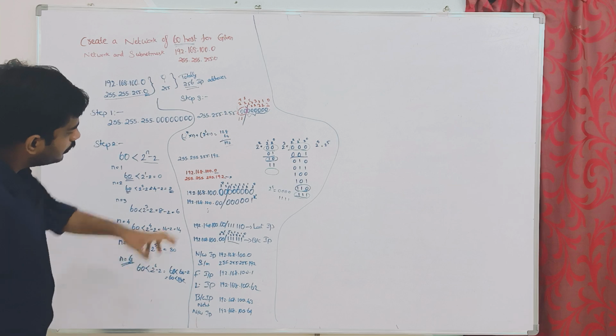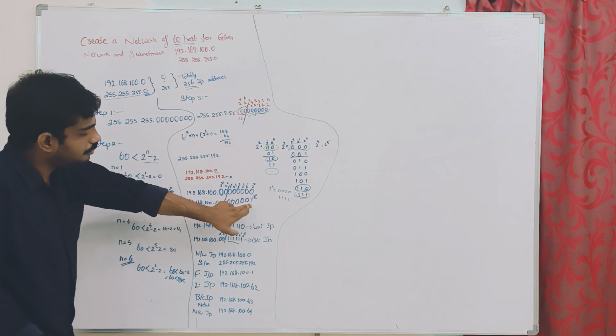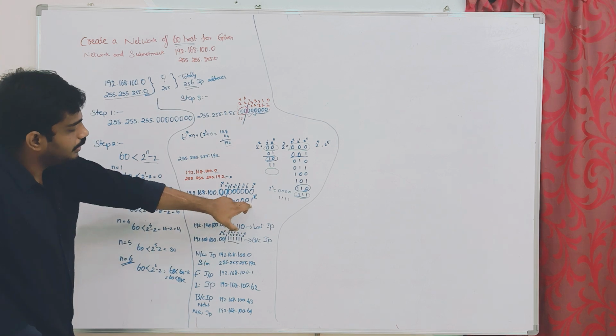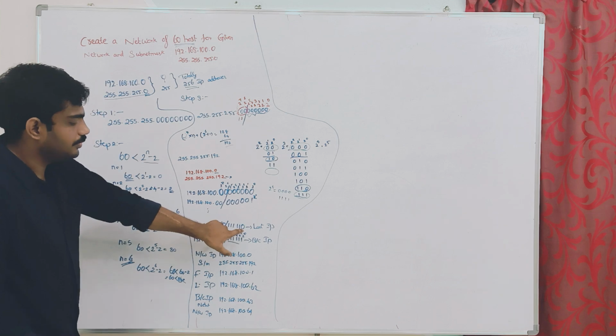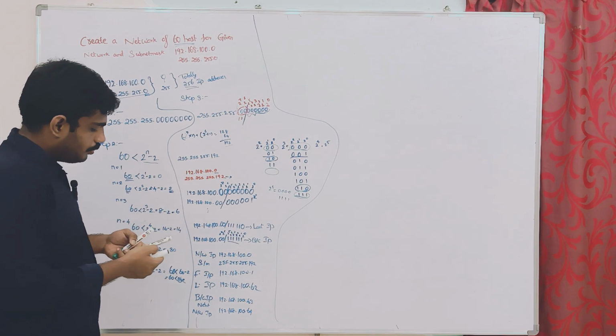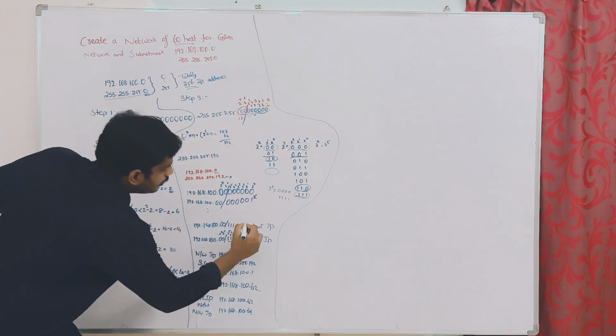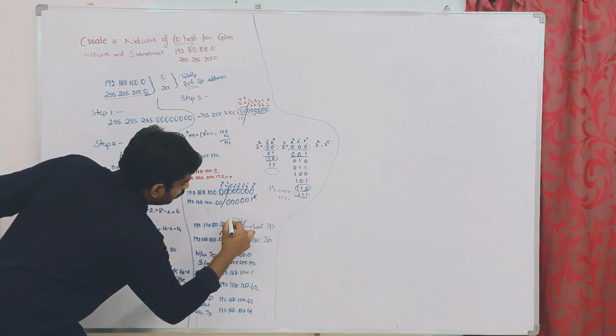In the same way, you take the host portion like 0 0 0 0 0 1 for 6 bits. It ends with 111110. This is the last IP. If you want to know the last IP, don't worry. You just multiply with 2 power 0, 2 power 1, 2 power 2, 2 power 3, 2 power 4, 2 power 5.